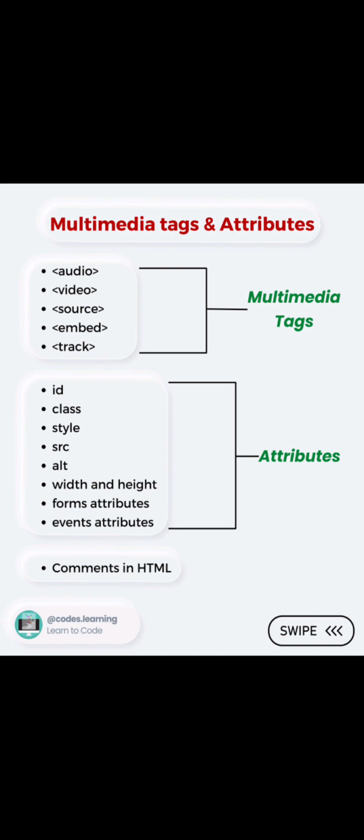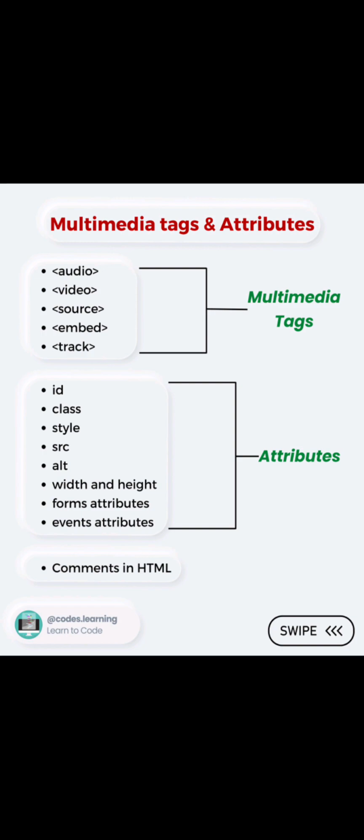And another thing is called attributes. Attributes are generally used to define a style and to get or fetch a value by using id. So these are called attributes, like id, class, style, src, alt (alternative text), and width and height, form attributes, and event attributes. These are the common attributes.